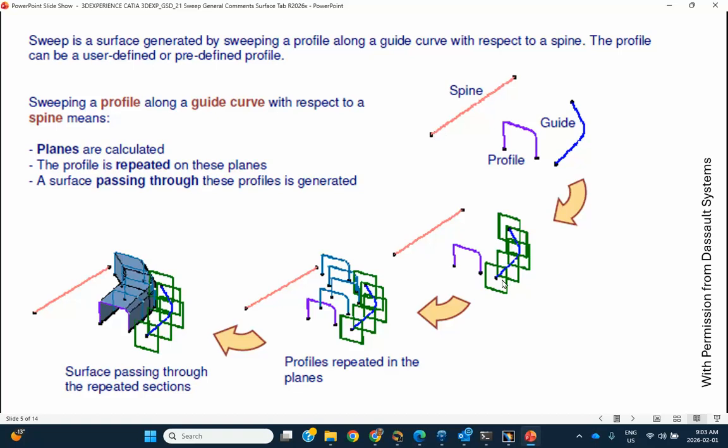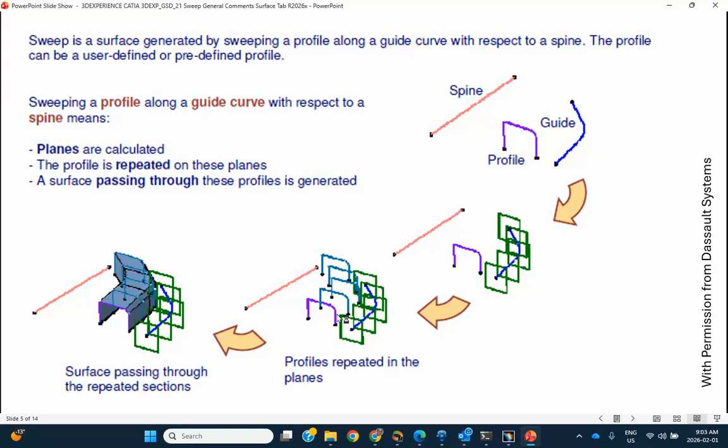It's drawn here. Now, there is a profile, presumably on one of these planes, maybe the first one, and then this profile is repeated on all of these planes with respect to this spine. You can see that, for example, in this case, it's easy to explain.